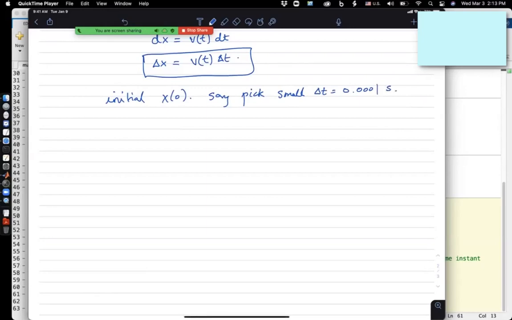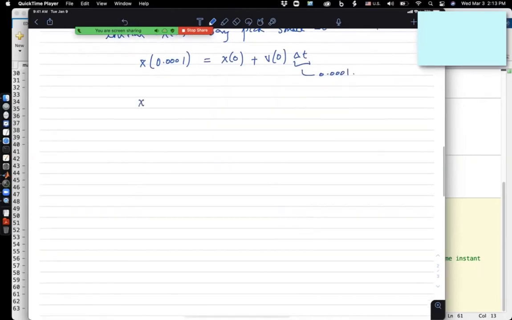And then we say x at time 0.001 equals x at time t equal to 0 plus v at time t equal to 0 times delta t. And then x at the next time instant equals x at 0.001 plus v at the previous time instant times delta t, which is still 0.001, and so on and so forth.